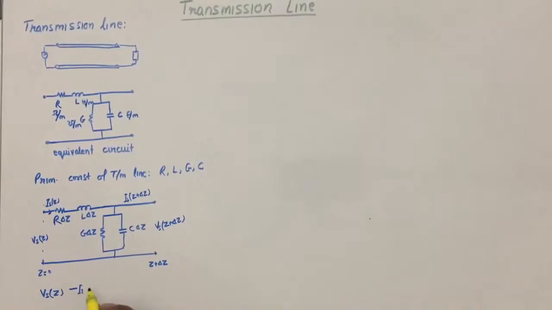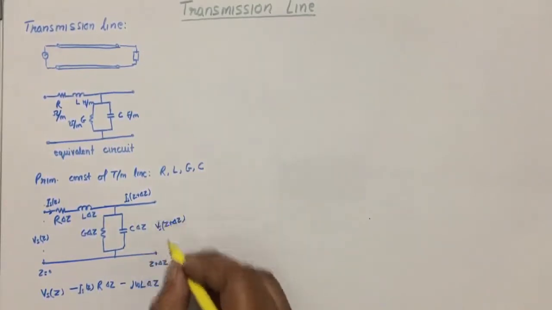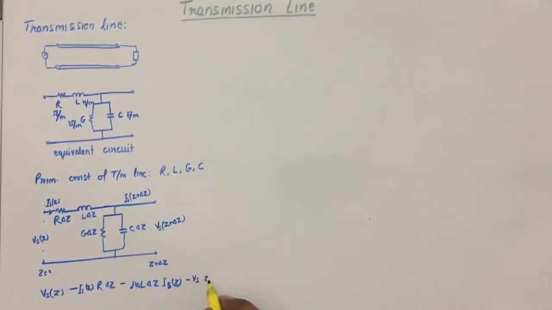So it will be minus Is(z) R delta z, the voltage drop across that, and the voltage drop across j omega L delta z, where omega is the frequency, and it is the impedance multiplied with the current that will give us the drop across that, and the outer one will be Vs(z plus delta z). According to the closed circuit, the sum will be 0.